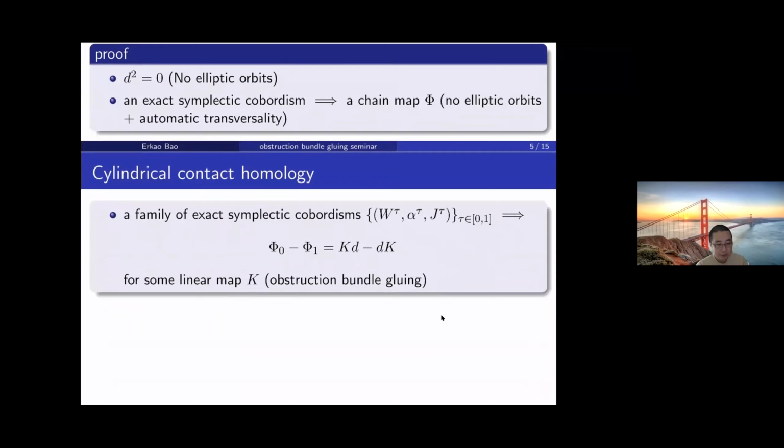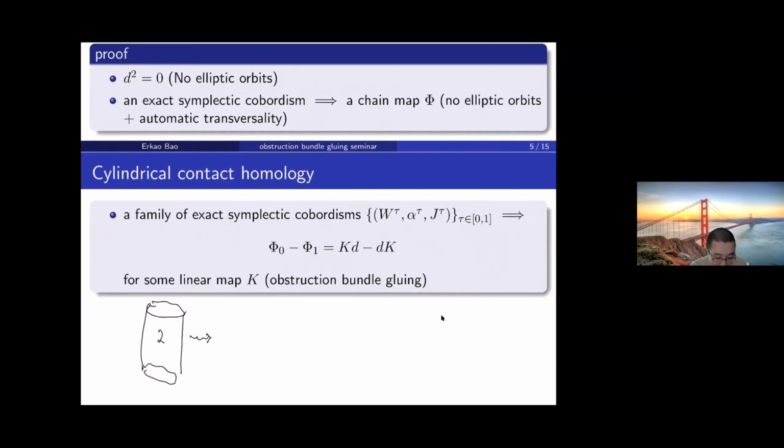To show d squared equals 0, inside the symplectization, we look at holomorphic curves of index 2, and then you want to see how this degenerates.